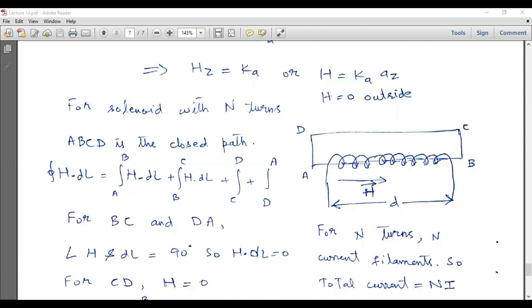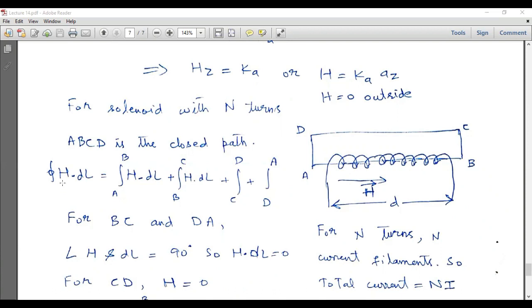This is the first current element I, this is another I, this is another I. If we have n turns, the total current will be n times I.